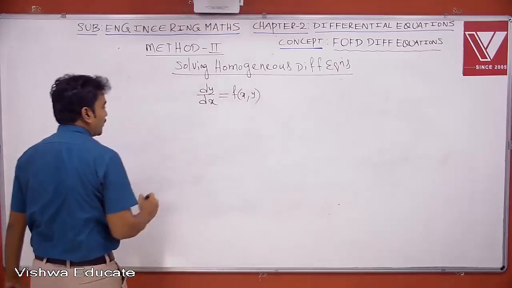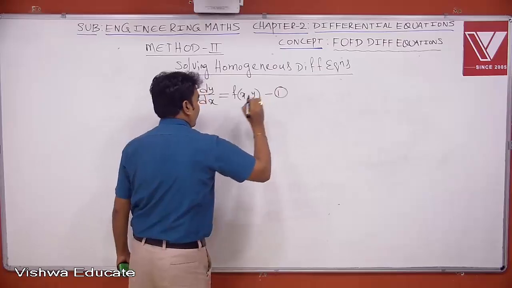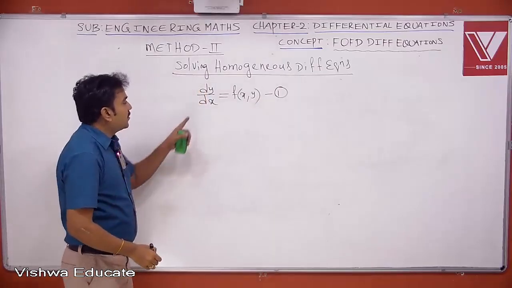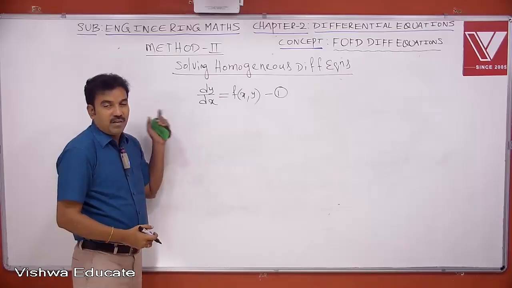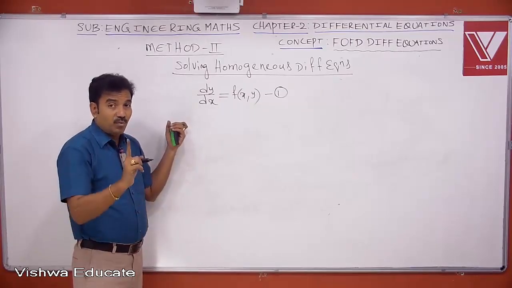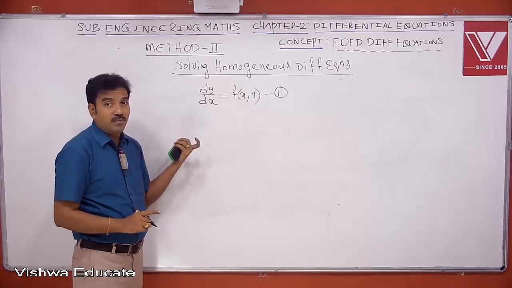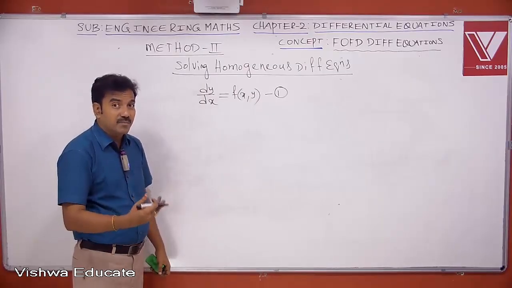I want to solve this equation. Assume that this is equation number 1. See, if I am able to separate x and y, my job is simple. It may be possible sometimes; as I discussed in the last, in example 1 it is possible, in example 2 it is not possible. But let us try to solve this by separation of variables by an indirect method.